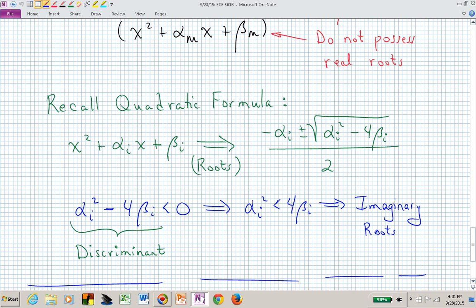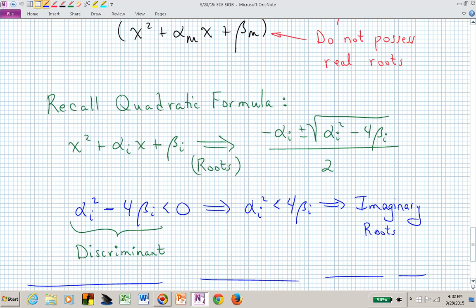But typically if your quadratic was ax squared plus bx plus c, then it's minus b plus or minus the square root of b squared minus 4ac, over 2a. Here we don't have an a, our b is alpha, and our c is beta, but doing the same thing, we end up with this discriminant. And if that discriminant was less than 0, then we would have a negative number underneath that radical, and we would have complex roots to that quadratic.